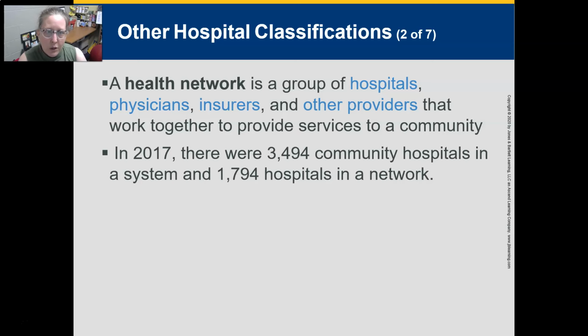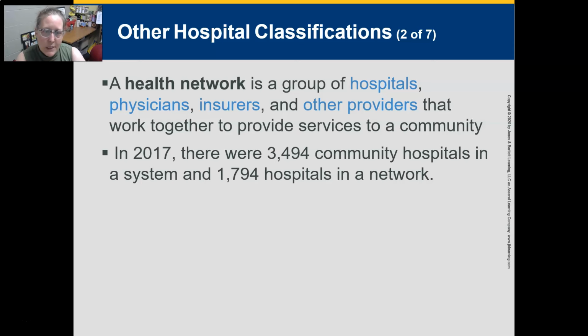A health network, though, is a group of hospitals, physicians, insurers, and other providers that work together to provide services to a community. They may still be independent entities, but they work together. They would say, for this hospital or this group of physicians, there are preferred providers, even though that group of physicians' clinics may not bear the same name as the hospital, for example.